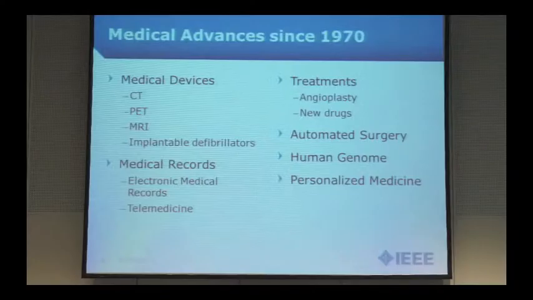So if you look at the medical advances since just 1970, the medical devices that did not exist before include the CT scan. Some of you are pretty young, so you probably don't remember when we didn't have CT scans. I had some personal experience with my mother, who had a brain tumor, and this was before the CT scan, and they had really no way of diagnosing and locating the tumor so that they could treat it successfully.